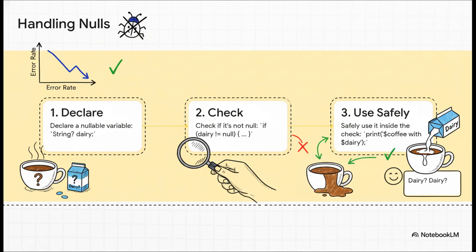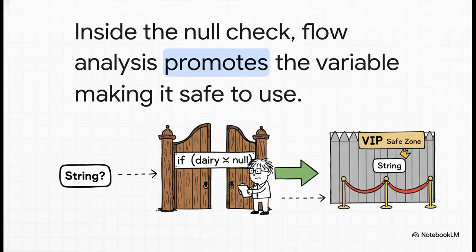Is this variable not null? Only inside that if statement are we allowed to actually use it. And this is just so cool. Because of flow analysis, inside that if block, Dart knows the dairy variable cannot possibly be null. So it intelligently and temporarily promotes its type from a nullable String? to a regular, safe, non-nullable String. This keeps your code super clean and completely safe.